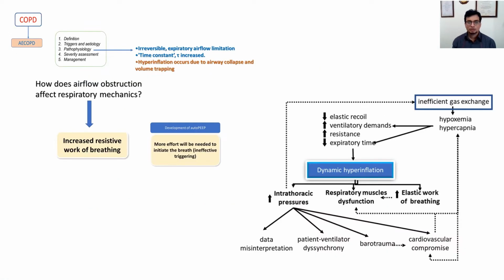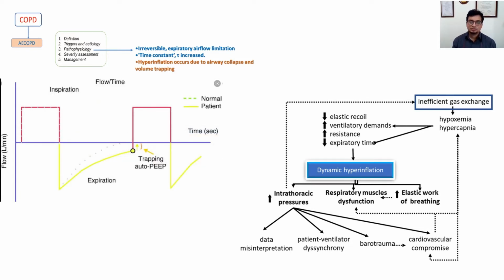Dynamic hyperinflation, as we know, is a feature of the respiratory system to return to the elastic equilibrium volume. And what happens during end expiration, there is some volume which is trapped, and that leads to development of intrinsic PEEP. And this diaphragmatic hyperinflation is common to both asthma and COPD.